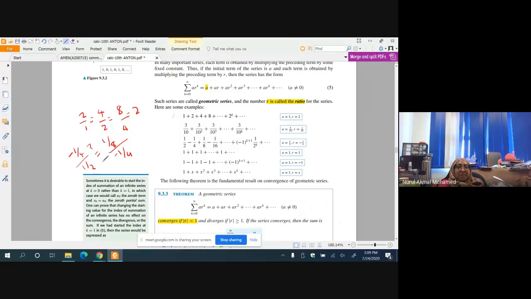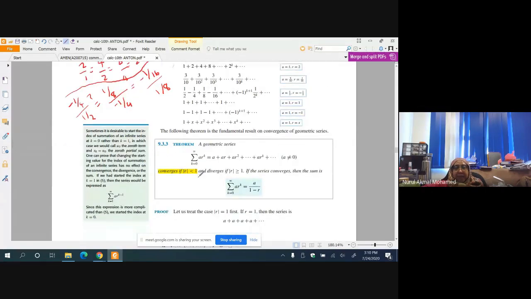If they are the same, then this series here is a geometric series. And you can check with the third one, negative 1/16, you divide by negative 1/8. They should give you the same values if they are geometric series.